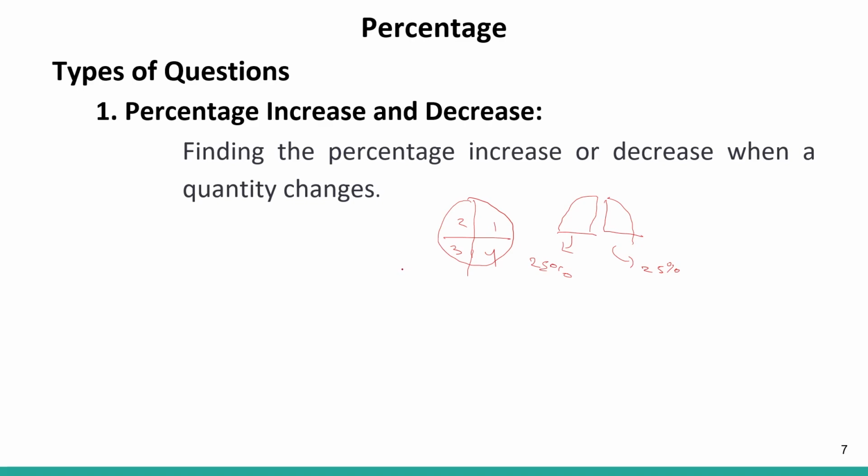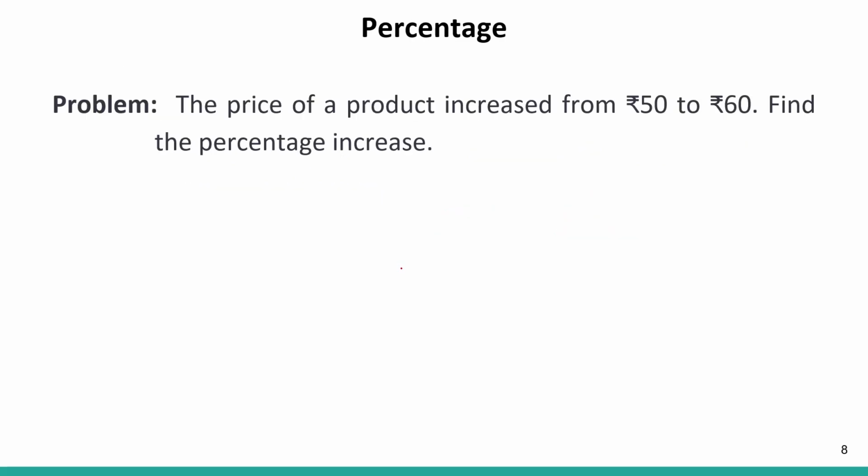Let's see an example on this so we get better clarity. The price of a product increased from 50 to 60. Initially the price was 50 rupees, and then it went up and became 60 rupees.